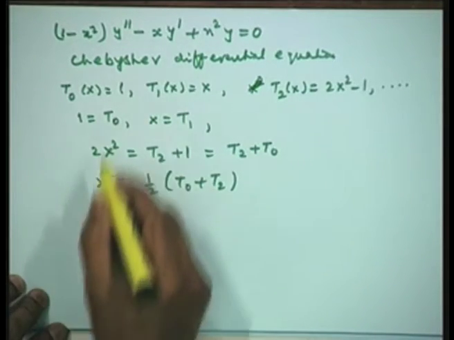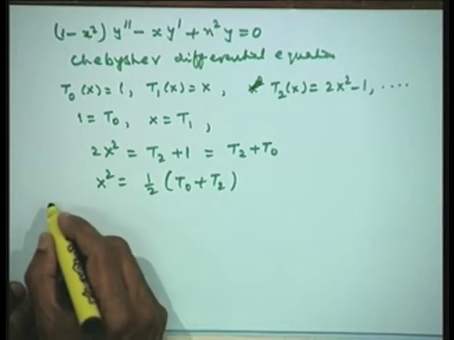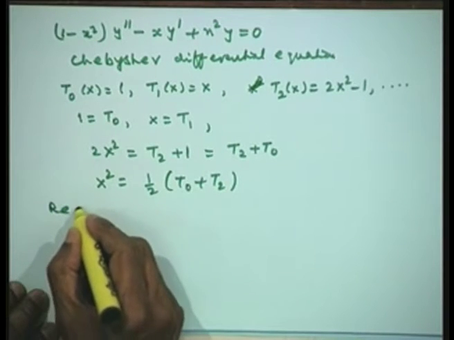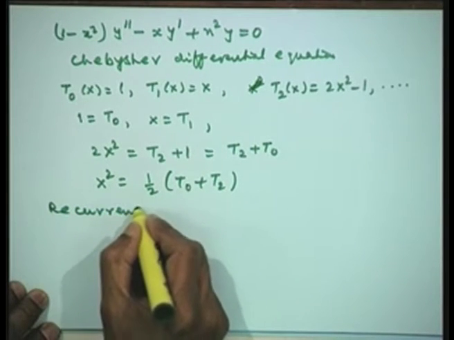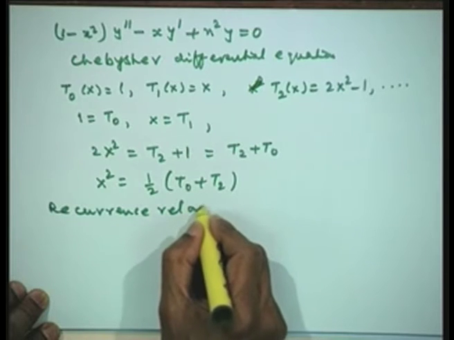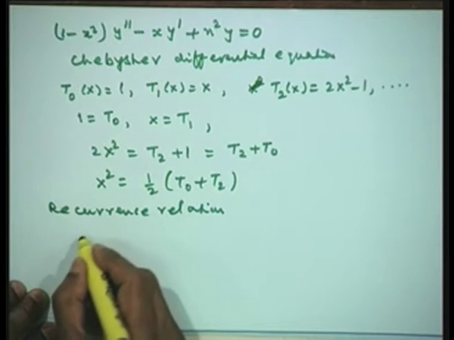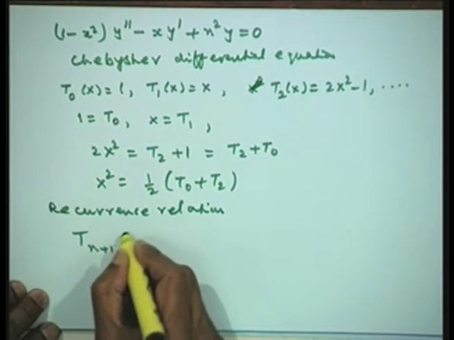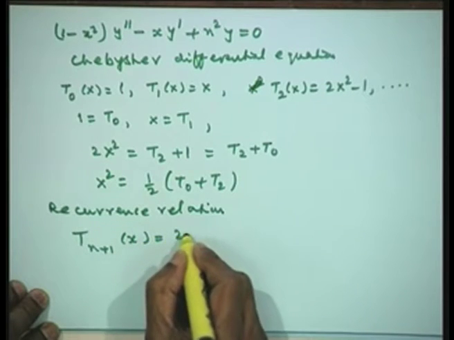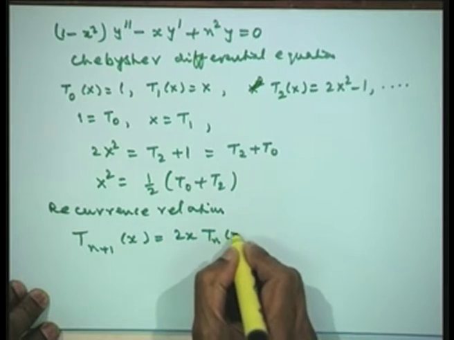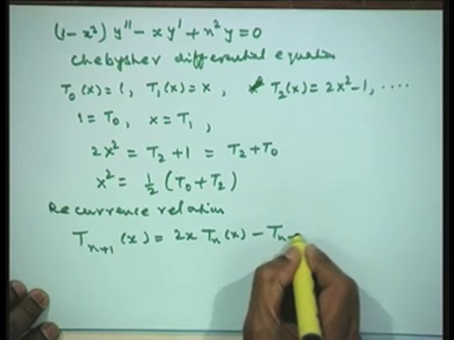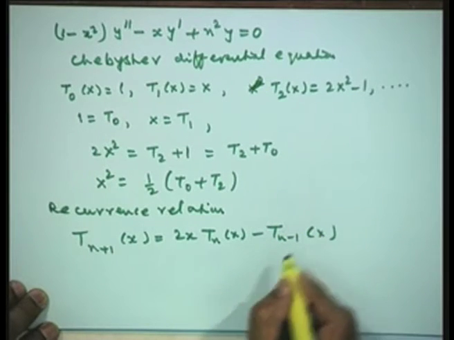Now, again I can generate all of them through the recurrence relation. The recurrence relation for the Chebyshev polynomials is T n plus 1 of x is 2 x T n x minus T n minus 1 x.